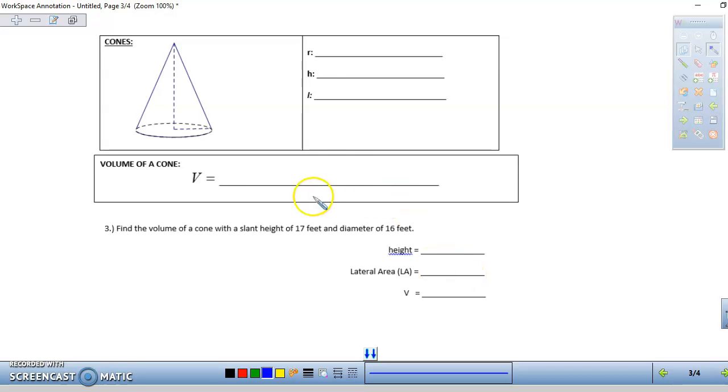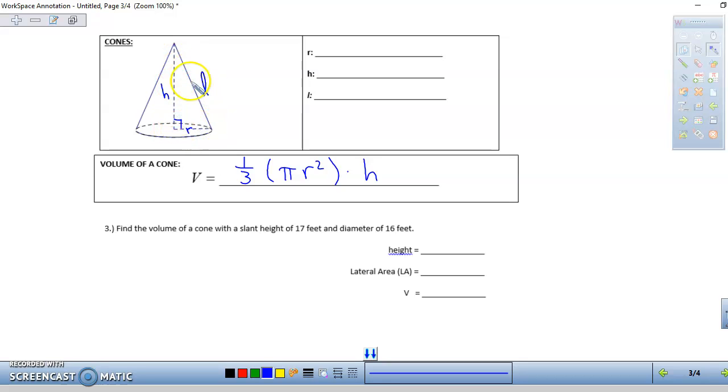Okay, last thing. So volume of a cone is very similar to as you saw in the little demo video. You still are going to do 1/3 the base area, but for a cone, the base area is a circle. And then again, times the height. Remember, the height is here, the radius is here, slant height is there.